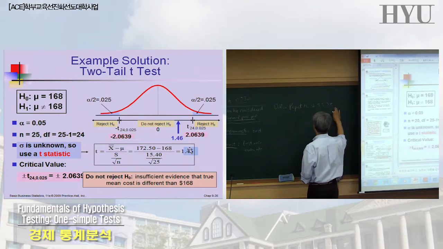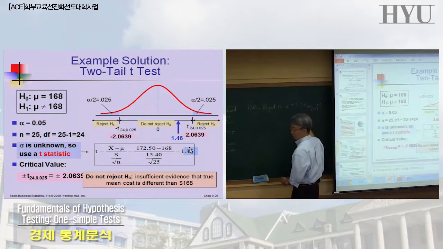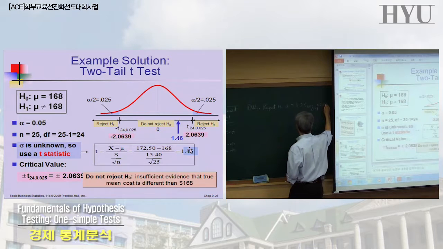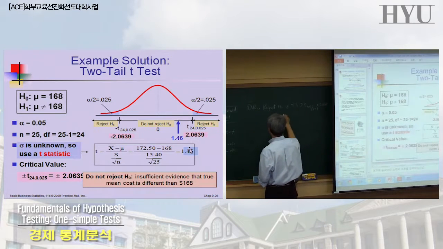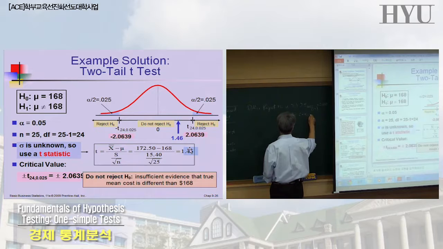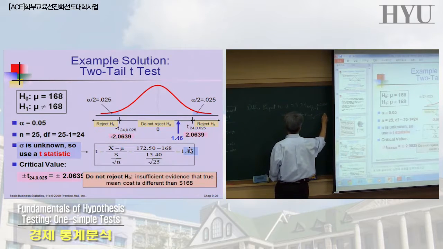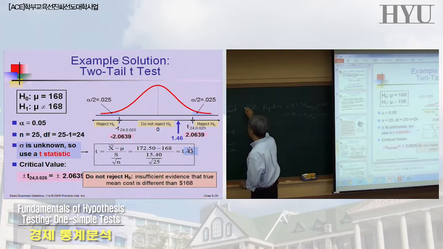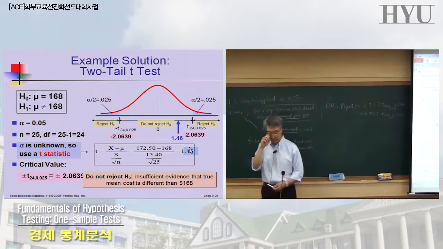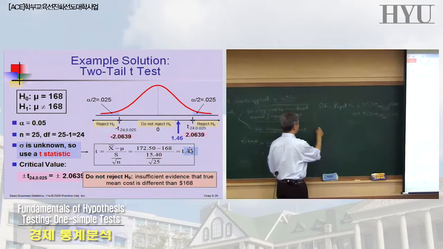Here, alpha divided by 2 is 0.025 with degrees of freedom 24, which is 2.0639, or if the test statistic is less than negative t of 0.025, 24, which is negative 2.0639. Make sure you write down this decision rule, and then after that, you can make your conclusion.